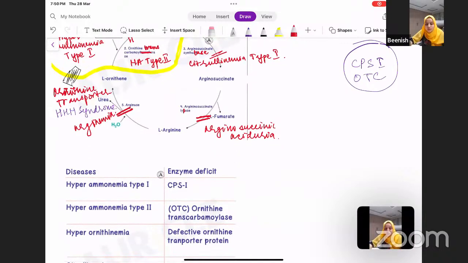More ammonia accumulates. Therefore, it is known as hyperammonemia. But if the block is in the later enzymes of the cycle, then the names of the diseases are based on the respective intermediates that are accumulated.